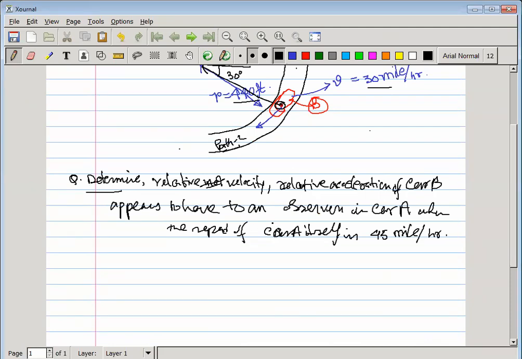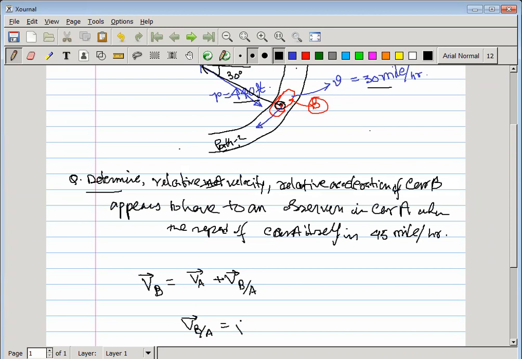So to solve this, remember, the reference axis means car A, and the motion of B with respect to A is required, right? So to do that, we can write VB is VA plus VB/A, and VB/A means what?